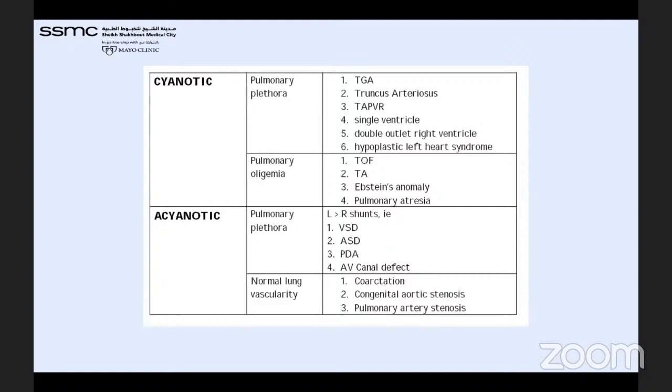Cyanotic, check pulmonary plethora, pulmonary oligemia. Acyanotic, check pulmonary plethora, normal lung vascularity. All are very easy to know by this. So if it is more, then it's a defect. If it is normal lung vascularity or oligemia, then it is some constriction or restriction.